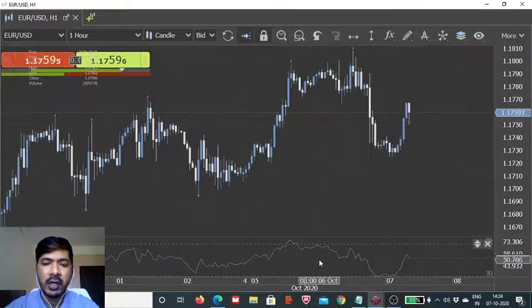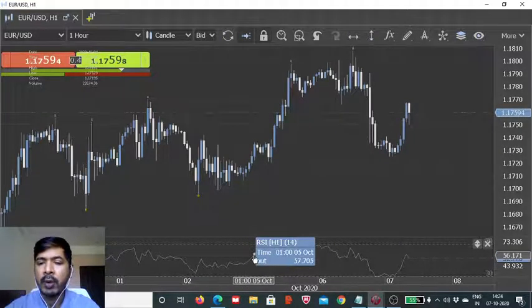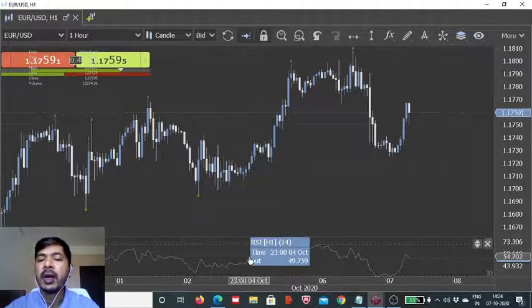And traditionally when we see that the RSI value crosses above 50 from below 50, that means the underlying momentum is strong on the bullish side, and it's time to get involved for a fresh trading opportunity while trading with the trend. And this way, we can look for the big trades also.